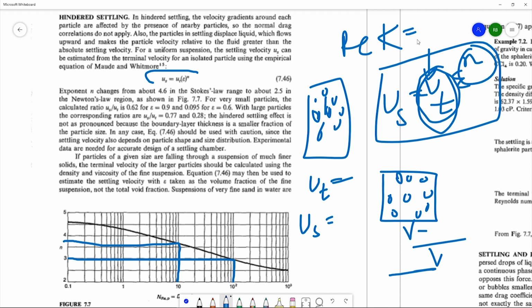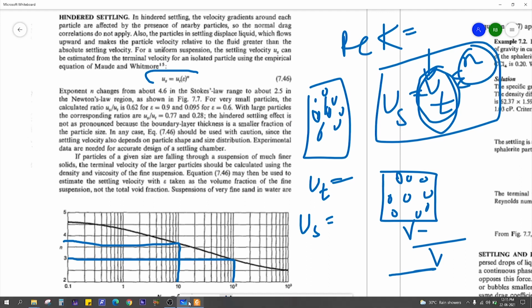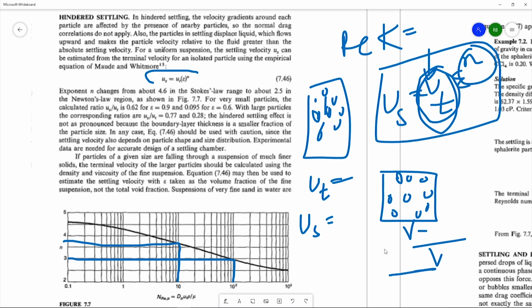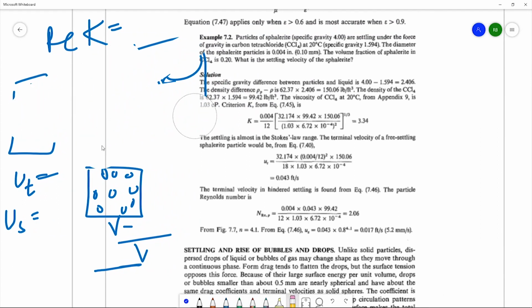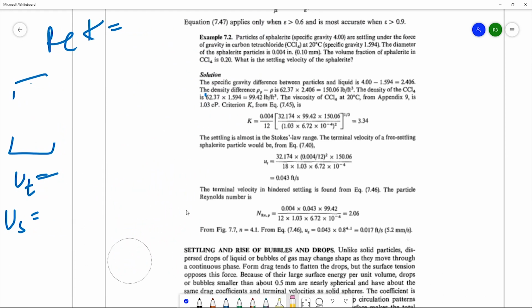Okay, so let's solve a problem. You'll get a clear idea how to find the suspended velocity or velocity in the suspension. If you see this problem, it is straightforward. So particles of sphalerite, which is some ore, specific gravity is given, right?